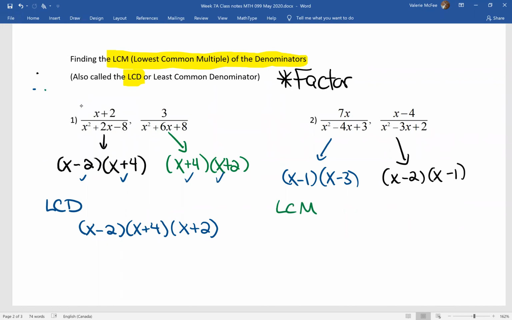The lowest common multiple of the denominators, or the LCD. My first expression needs x minus 1 and x minus 3. My second expression needs x minus 2. I already have x minus 1.